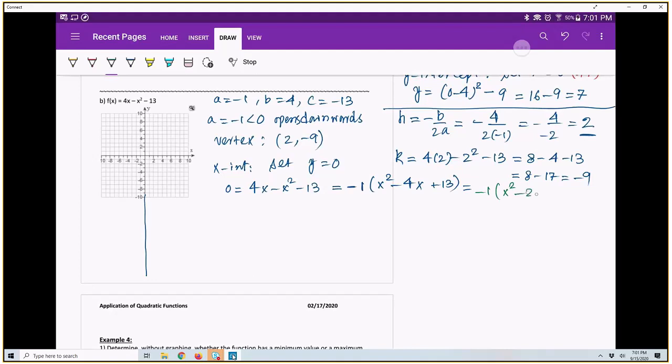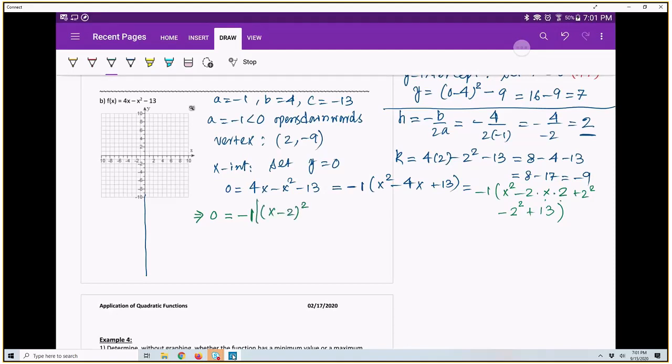You will write 2 times x times 2 because it is a negative 4x, and you have the form of 2 times the first term times the second term. Because the second term is 2, I need to add 2 squared. But because I added 2 squared, in order to keep everything the same, I have to subtract 2 squared, and positive 13 was already there. So I get 0 equal to now negative 1 times x minus 2 whole to the power 2.